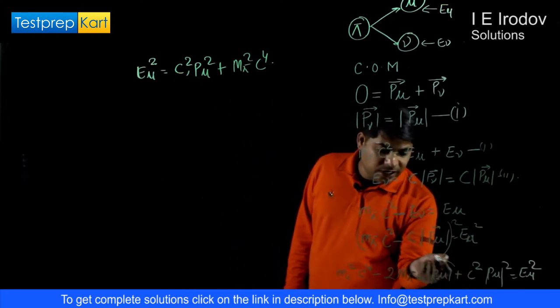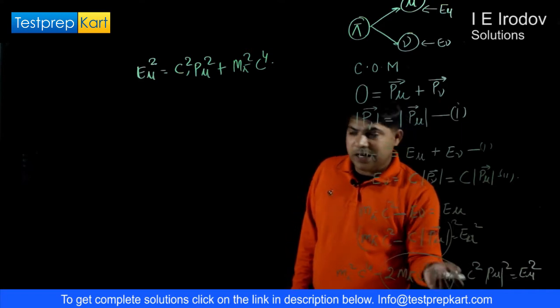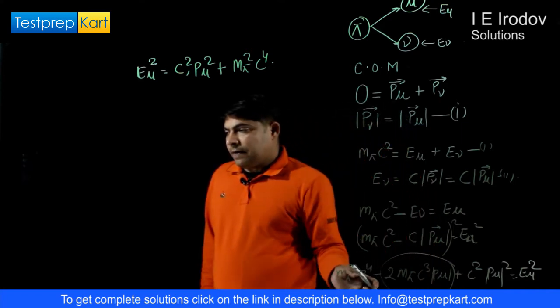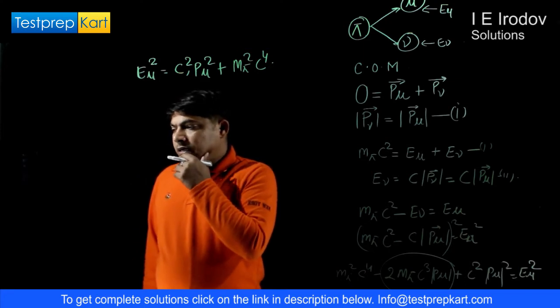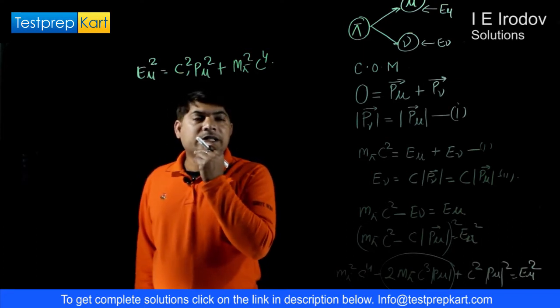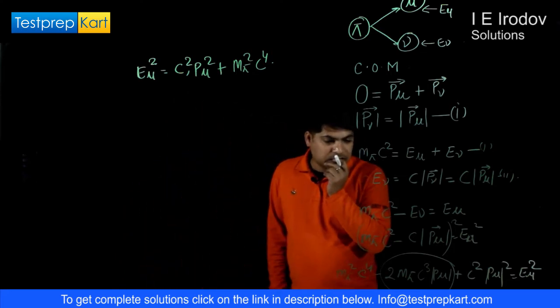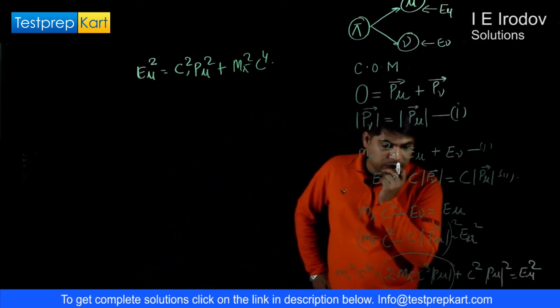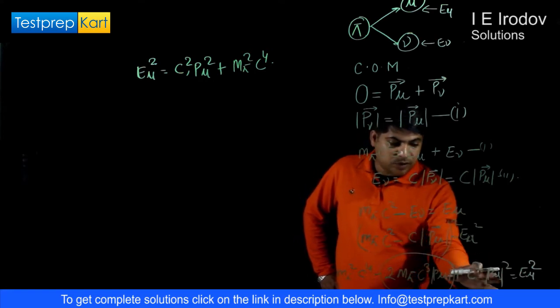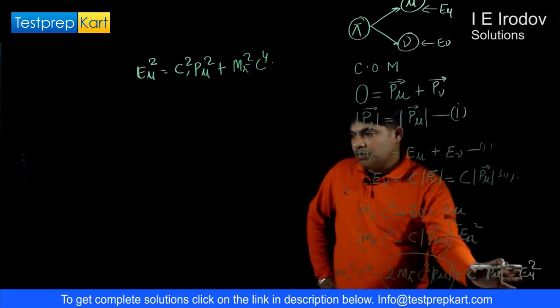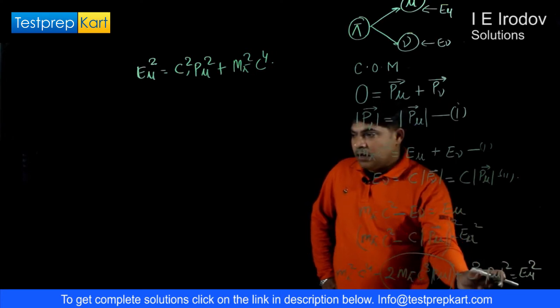This amount will be very small, so we can ignore this amount. So from here we can find out, one second, I don't think we need to ignore this amount. M pi c cube P mu minus c square P mu square is equal to E mu square.